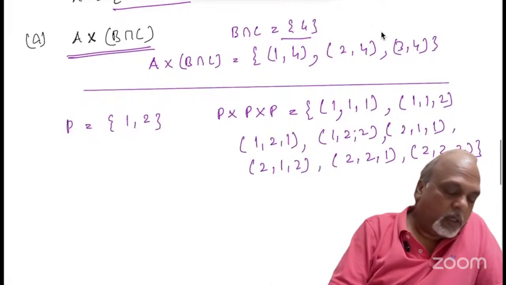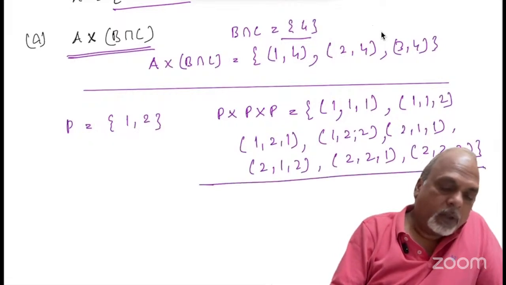So here, just see, these are all the ordered triples of P cross P cross P.